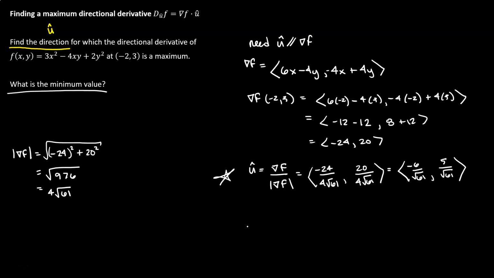When we traveled opposite of the gradient vector, we found that the directional derivative just looked like negative magnitude of gradient f. We know what that magnitude is. It's 4 times the square root of 61. So the minimum value of the directional derivative would be negative 4 square root 61.